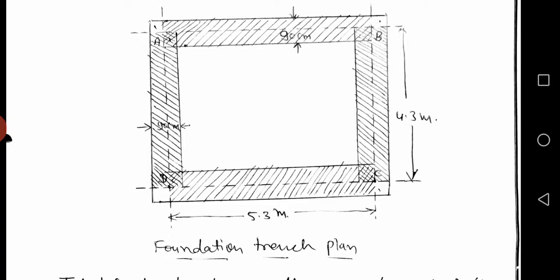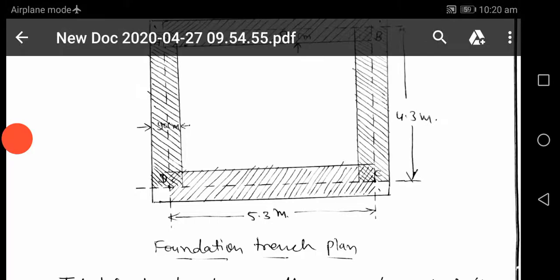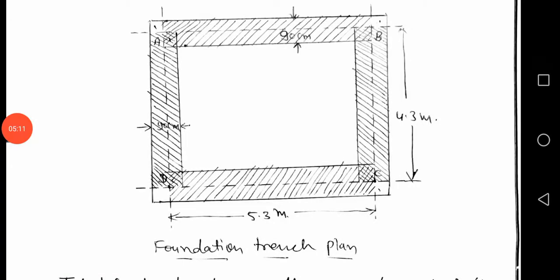Then we see that at the 4 inner corners there is 2 times excavation, and at the outer 4 corners there is no excavation work. So inner corners compensate for the outer corners.